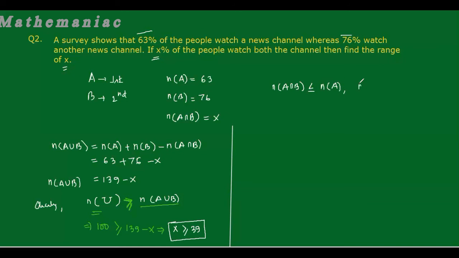I have written this in your notes somewhere. So very clearly you can say X is less than or equal to 63, and X is less than or equal to 76.